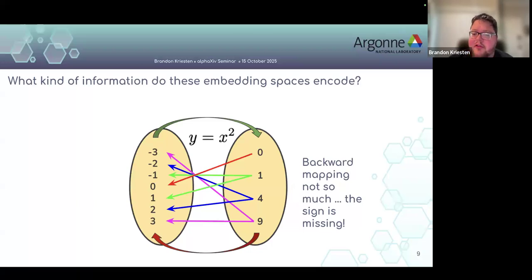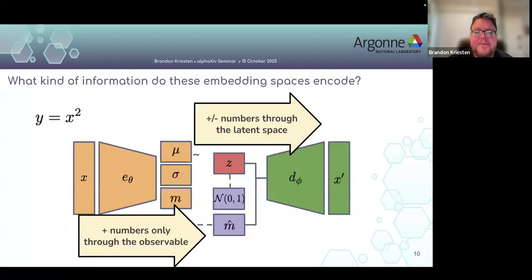The problem is that this backward mapping is not so well defined. This is because the sign information in the forward mapping is abstracted away. And so the question is how do we reconstruct that missing information that's abstracted in the forward mapping? And this is what the VAIM does.